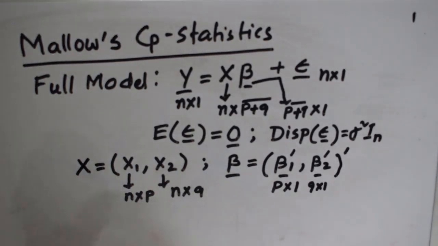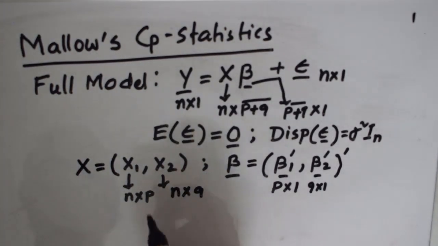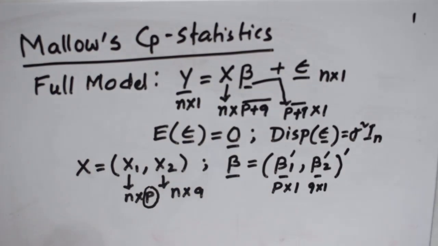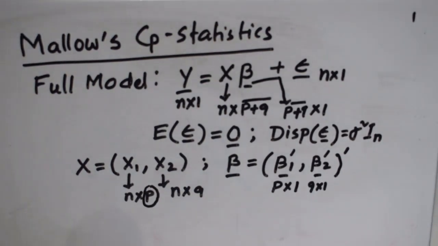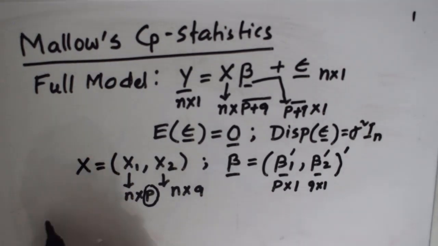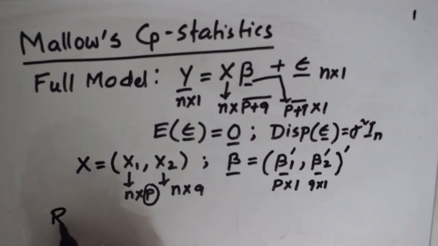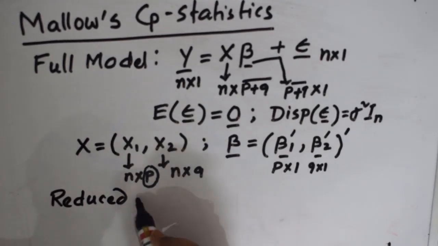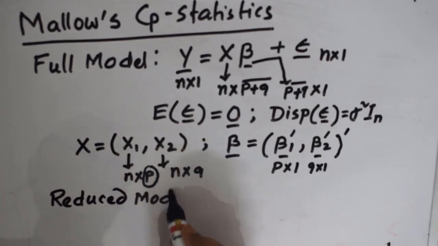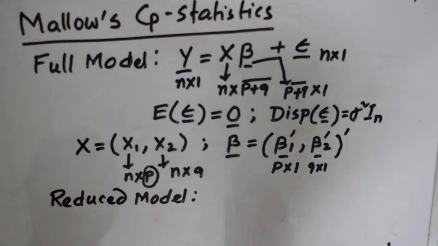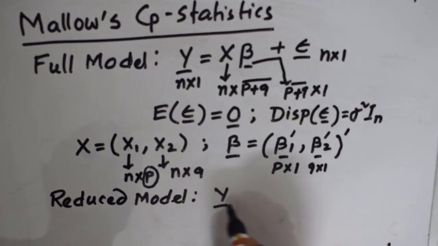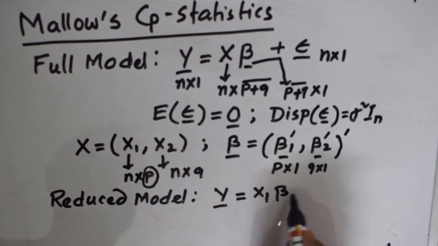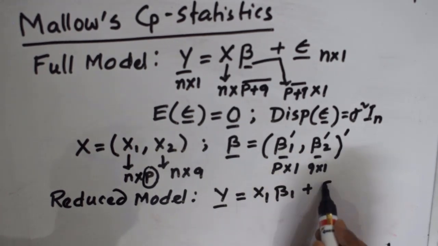Suppose we use only p explanatory variables, then our reduced model is y curl equals x1 beta 1 plus delta.